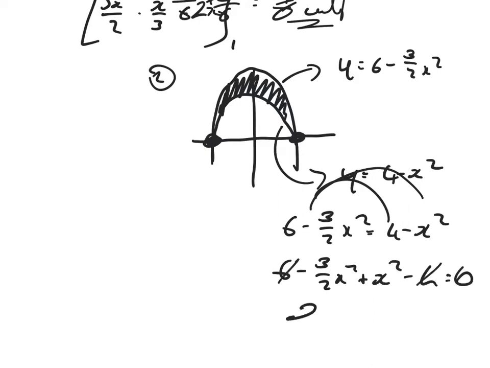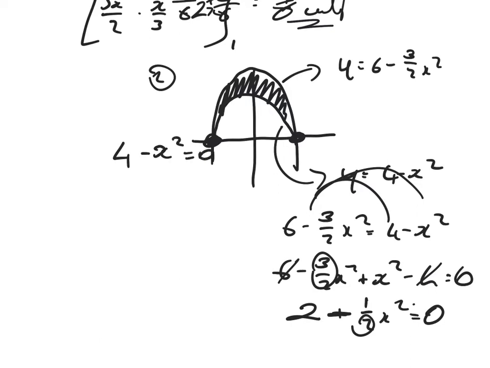So 6 minus 4 is 2. Minus 3/2 x squared plus 1x squared is minus 1/2 x squared is equal to 0. I can then multiply everything through by 2 in the equation to eliminate the fraction. So 2 becomes 4, and that will be 4 minus x squared is equal to 0.